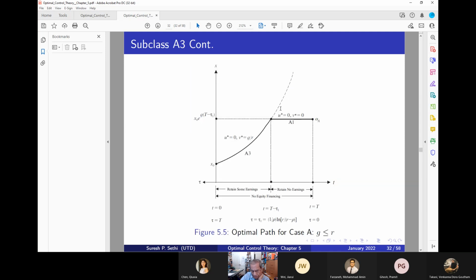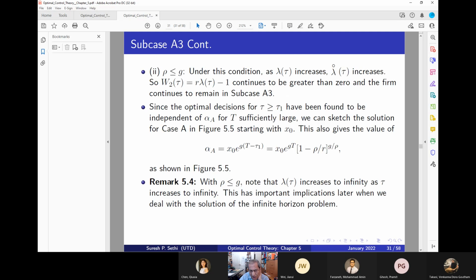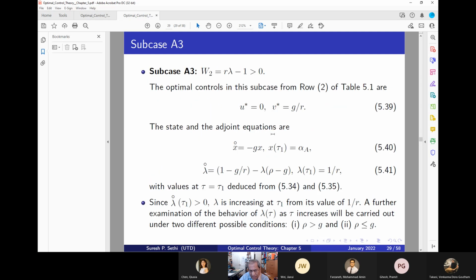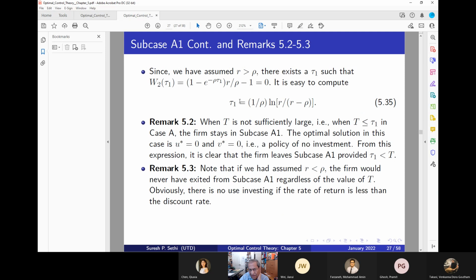Any question? Now the question, before we go to case B, is to find out what this value of tau 1 means. If you look at this tau 1 like this, you cannot really see the meaning.